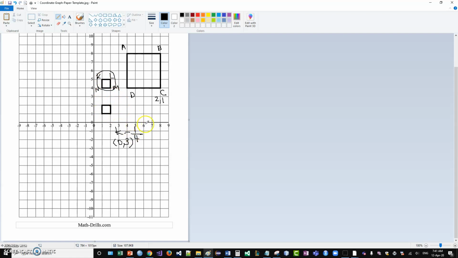Okay, so since we obtained this by a dilation of this and then a rigid transformation along the vector 0, 3, we can conclude that these two are similar polygons.